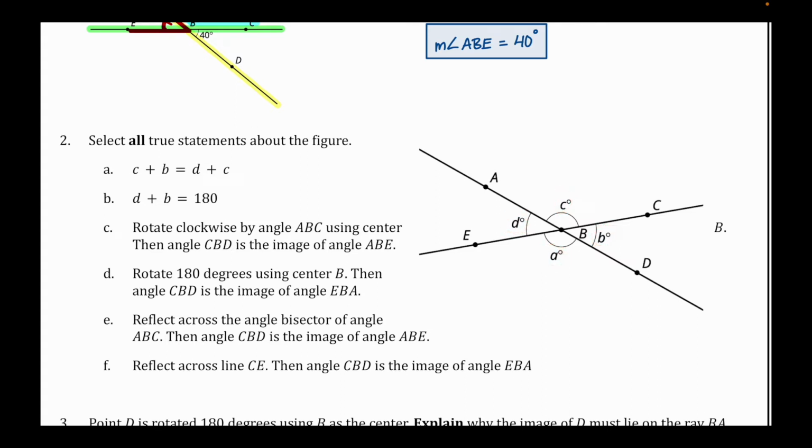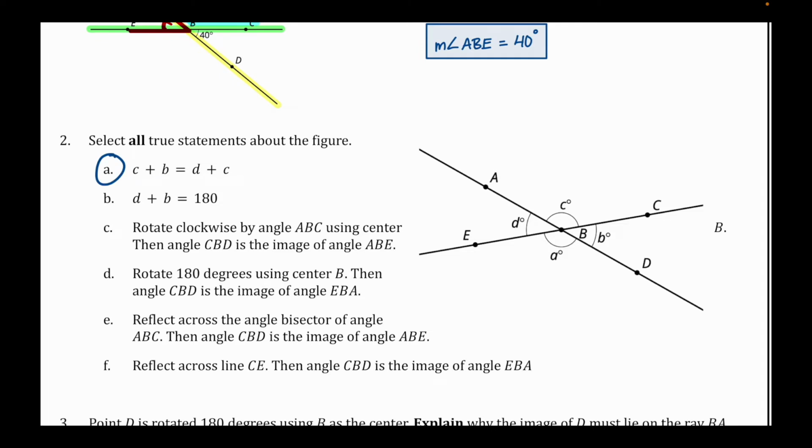So C plus B, that is right here, C plus B. And D plus C, I agree. That is true. That is literally what we just talked about in the last question, which is how we know. So I would say this piece here is true.